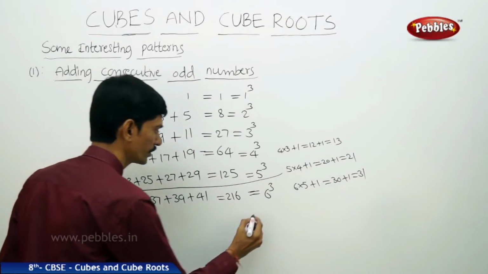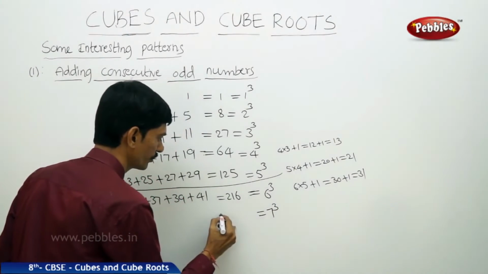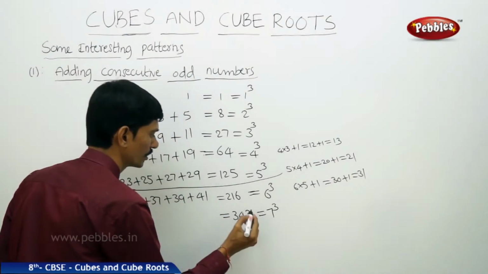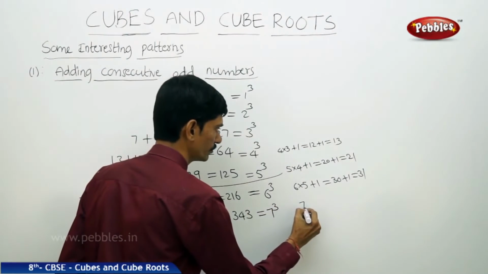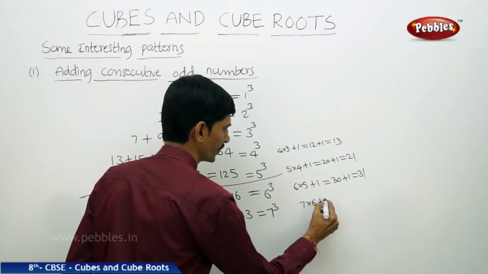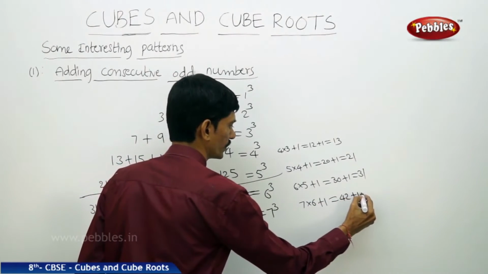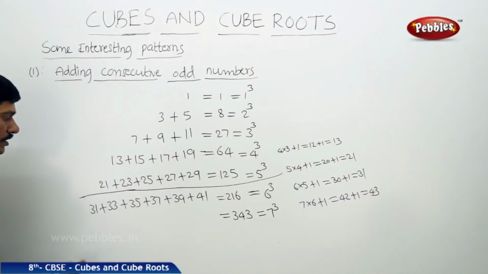Then how to write 7 cube? So we know that 7 cube is 343. Then from where should you start here? Let us see this now. 7 into 6 plus 1. This equals 7 6s are 42 plus 1 equals 43. So starting from 43, we should write 7 consecutive odd numbers.